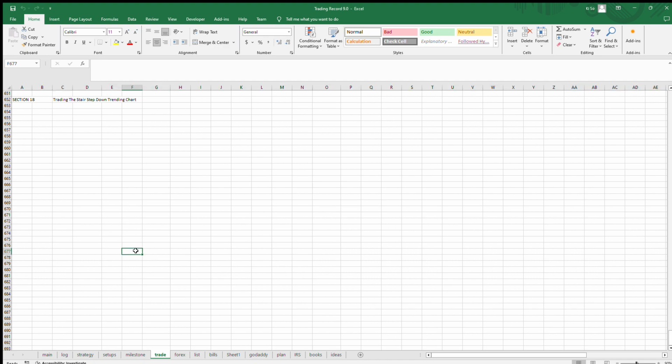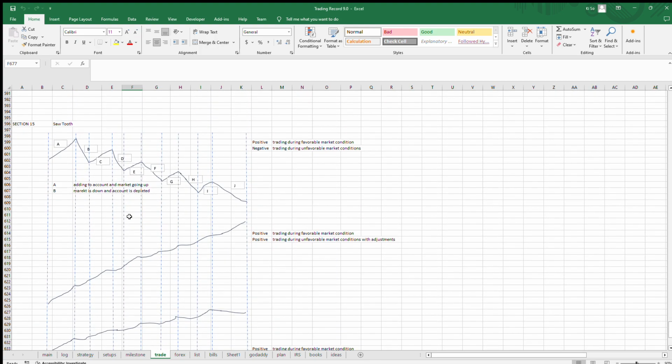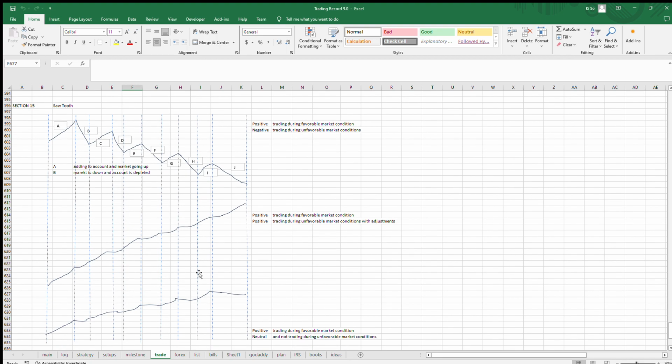It is now time to discuss the part I briefly mentioned in section 15, the sawtooth. Essentially, if I'm able to take section A and go long, and in section B go short, and repeat this on a stair-step downtrend, then I can have a long P&L curve like that.